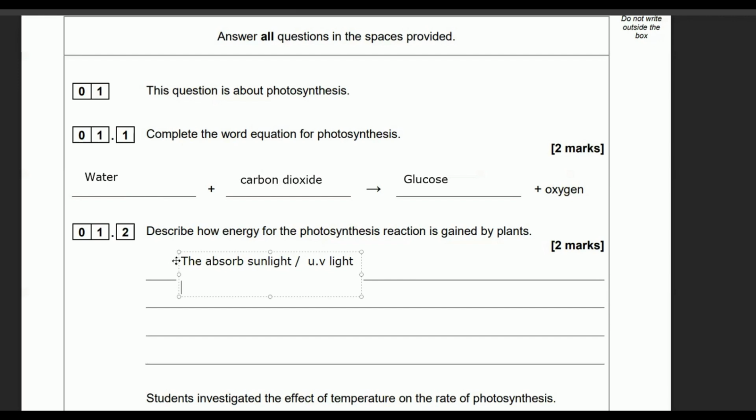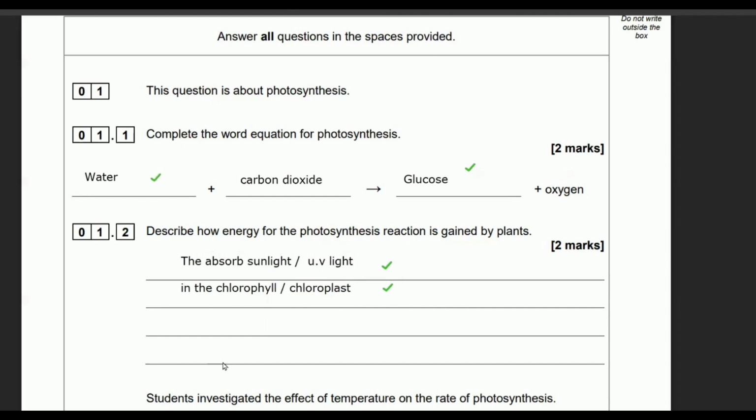And where in the plant is this absorbed? In the chlorophyll. I can't spell, serious issues with spelling. Chlorophyll. They may allow you to put chloroplast, but specifically it's the chlorophyll that absorbs the sunlight. It actually releases electrons in quite a complex reaction. So chlorophyll absorbs sunlight, and that is where plants get the energy.